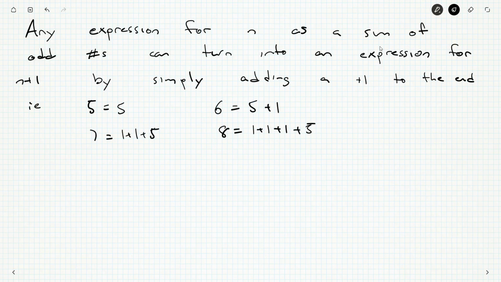So you have to say to the end, but it's adding an extra 1 plus 1. So this tells us that f of n plus 1 is at least as big as f of n.